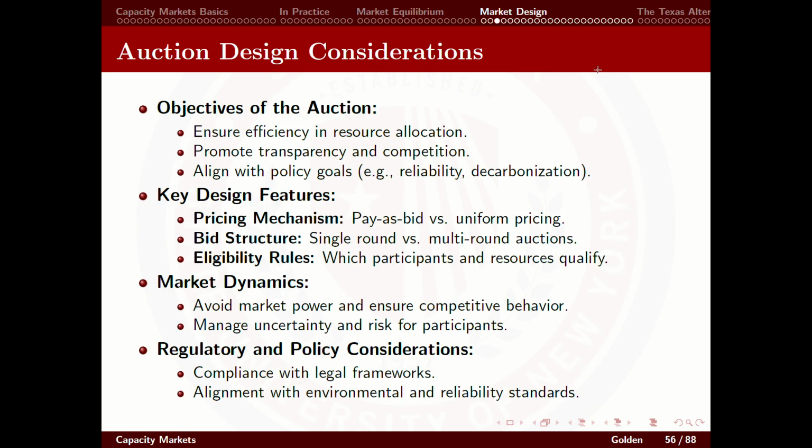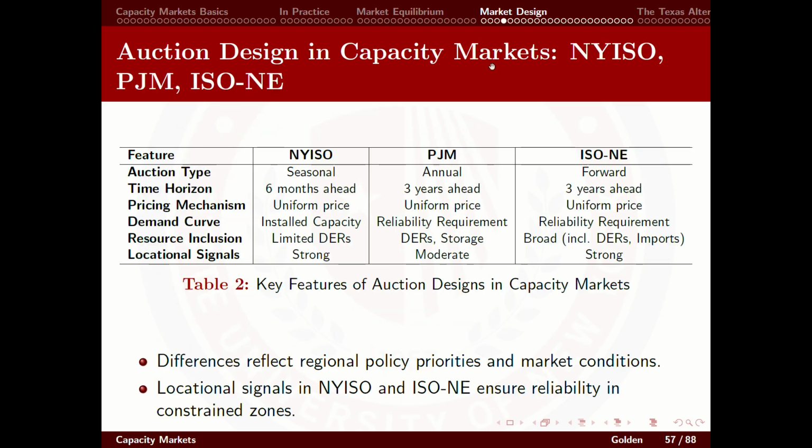We'll talk about next class, but they recently have created the calculation of the scarcity price that's dependent on how much you add to the market, and in order to raise this price, there's some evidence that some bidders and some competitors have actually purposefully early retired some generators in order to raise prices for ERCOT and pass those prices on to consumers. So regulatory and policy considerations, compliance with legal frameworks, and alignment with environmental and reliability standards.